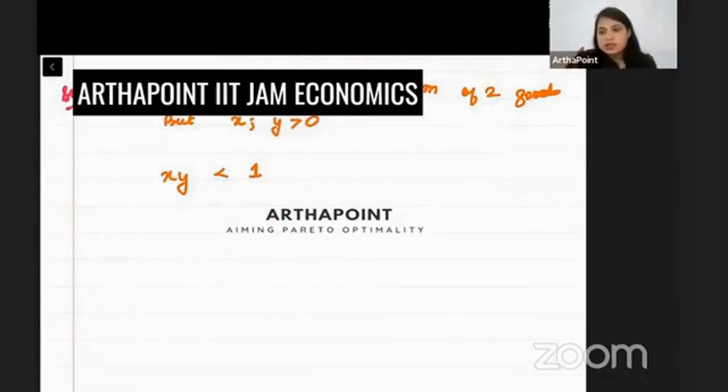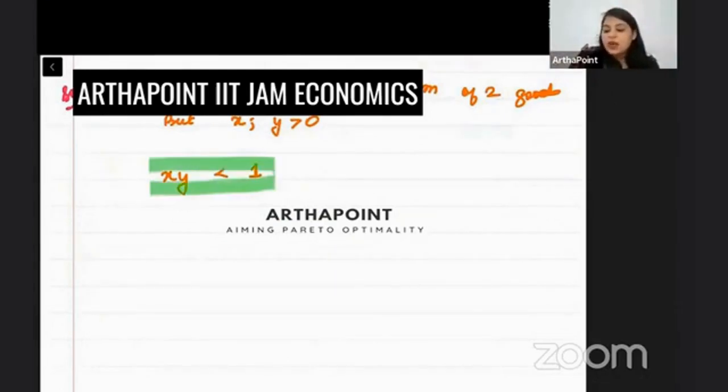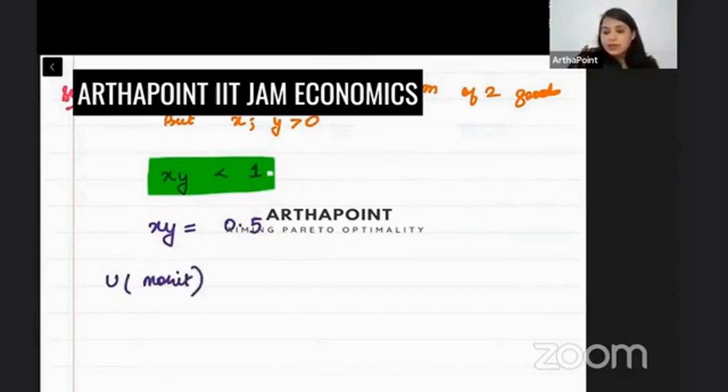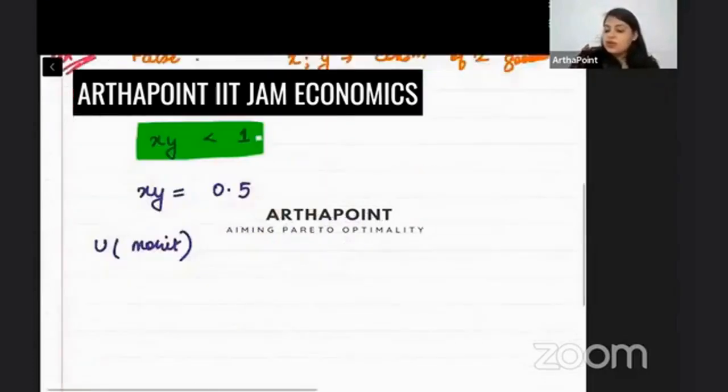X represents the consumption of good X. Y represents the consumption of good Y. Now X into Y is less than 1. So imagine a case where, beta, X into Y, let's say, is 0.5. So what is the utility of Mohit? Mohit's utility function is X into Y. So Mohit will get the utility X into Y, which in this case will be 0.5.